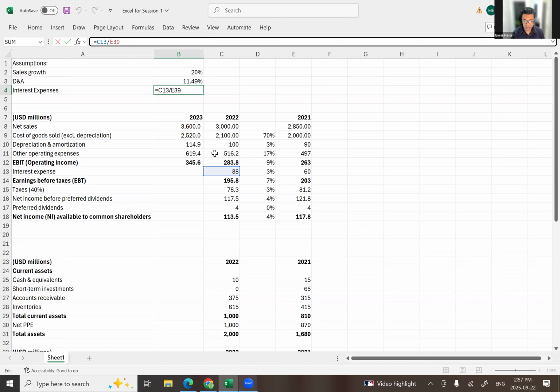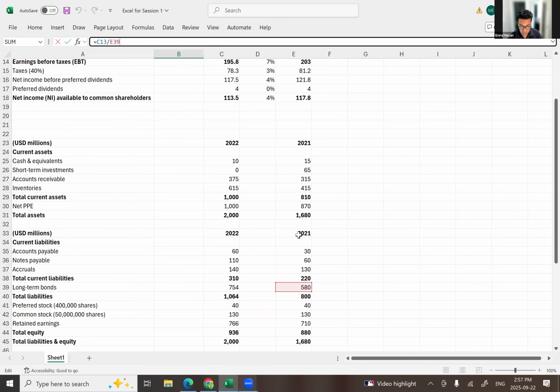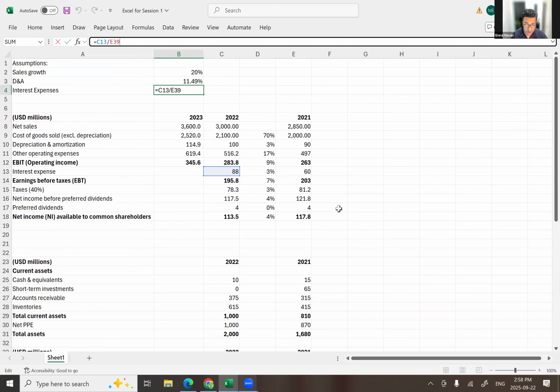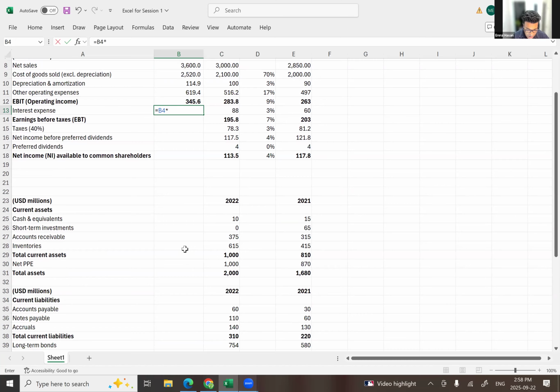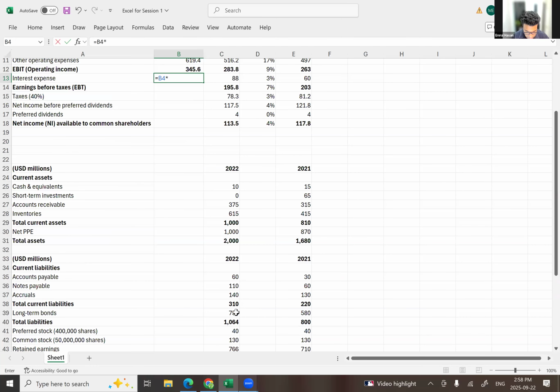If the numbers look odd, you check if you're doing it correctly. Interest expense of 2022 divided by long-term bond of 2021, which tells me I probably should have added notes payable too, which is another 60, because this 15% interest rate is pretty high. And if I ask you to make a comment, you should make a comment on this, because if it's a US or Canadian company, they're paying a very high interest rate. But anyway, it's 15% of last year's long-term bond.